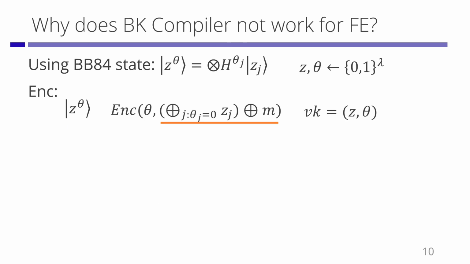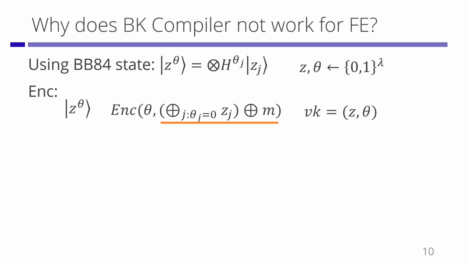Let's see the reason why the Bartusek-Khurana compiler doesn't work for functional encryption. The compiler is like this. We use a BB84 state by choosing Z and theta, which are lambda-bit strings, and we encode each in a quantum bit: if theta is 0, then we encode it in the computational basis, and if theta is 1, then we encode it in the Hadamard basis.